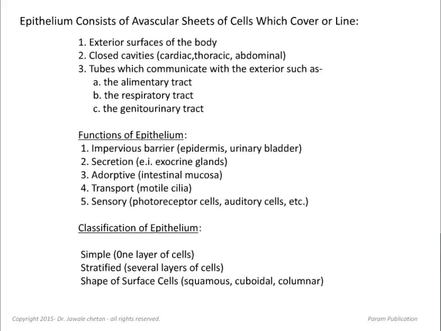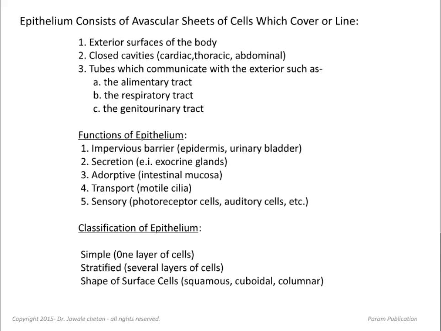And on the basis of the shape of a cell, there is squamous, cuboidal and columnar. In the case of squamous, the shape is very flat, like a page of your notebook. Cuboidal, where the shape of the epithelial cell is square, cube-like. And columnar, where the shape of that epithelial cell is elongated like a column.